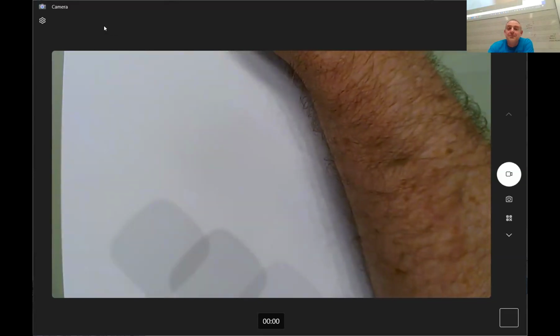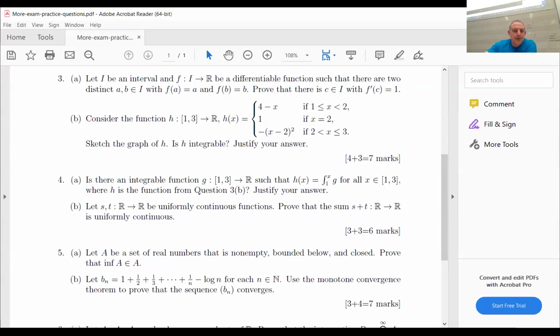Free part A, okay. That's what it says to do. All right, 3 part A says let I be an interval and f sends I to R is differentiable.